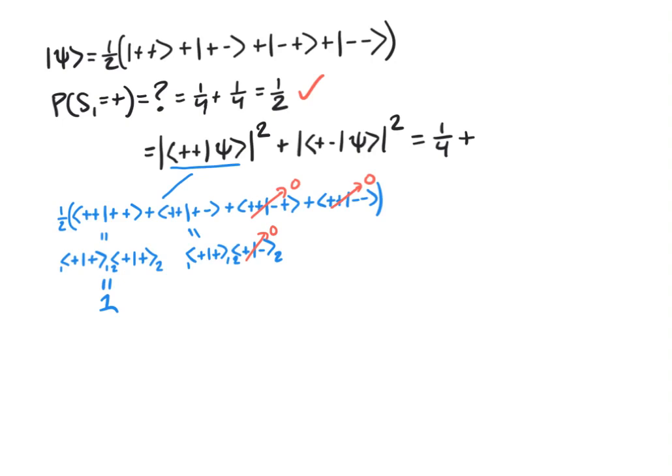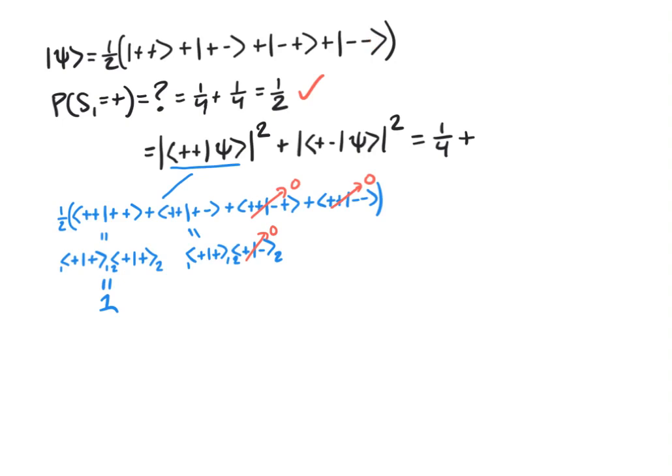Likewise, in the second probability calculation we need to do, the only term that's not going to go to 0 is this part. Because the inner product of this with this will give us 0 because particle 2, the states are perpendicular. And so that's going to multiply everything by 0, so that's going to go away. In this second term, particle 1 and particle 2 match up. Both of these inner products will give us 1. And then in the third and fourth term, in the first case, particle 1 is the one that's going to give us 0.